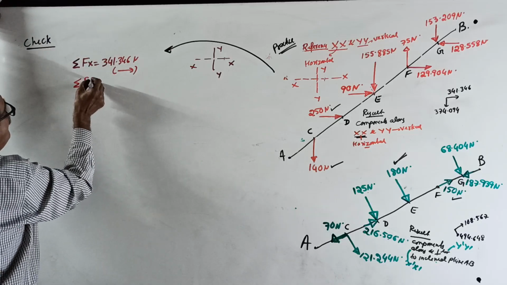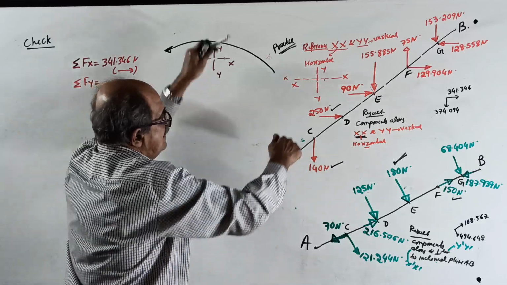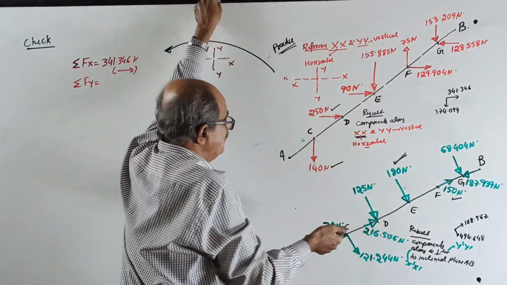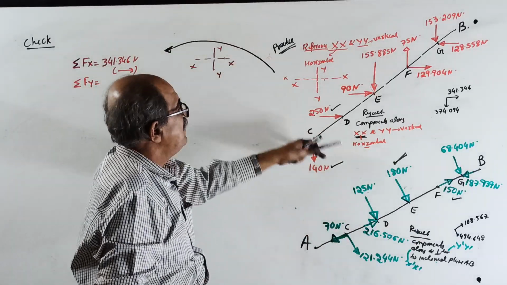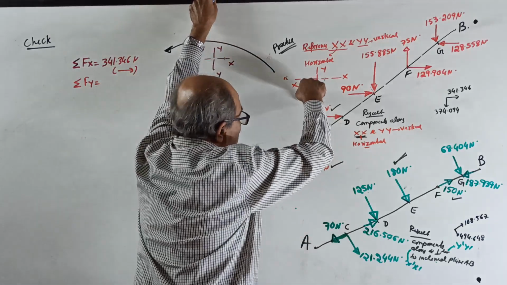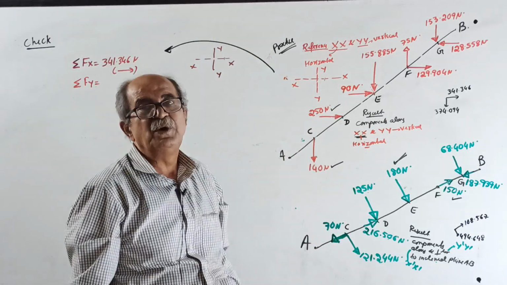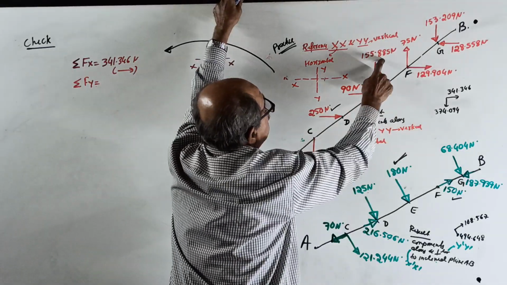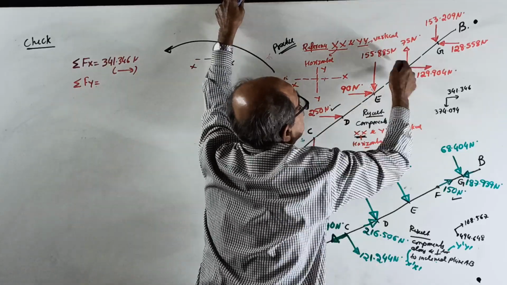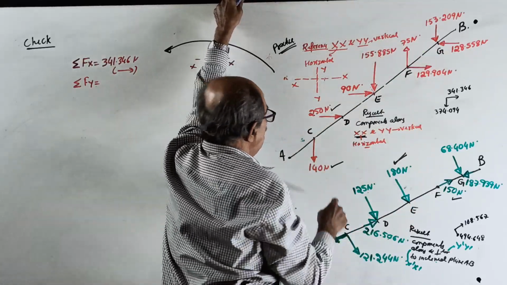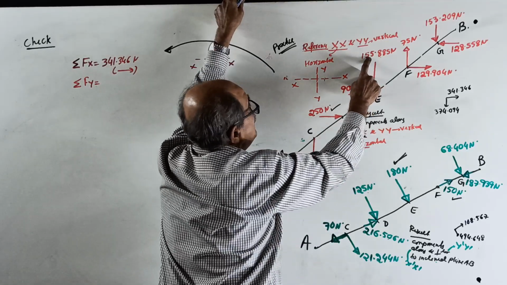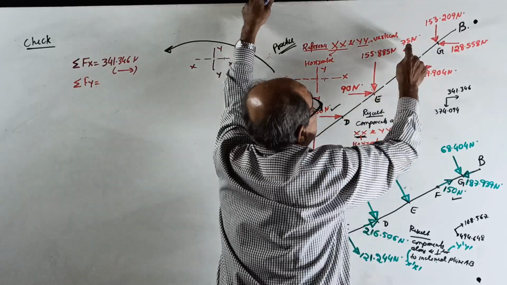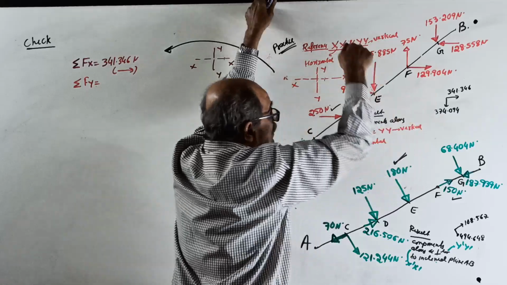And sigma Fy will come, I will take upward positive. When majority are down, take downward positive only. You can make out by this time. Down 140, down 155.885, up 75, down 153.209. So add these three downward, subtract 75, it will come down.